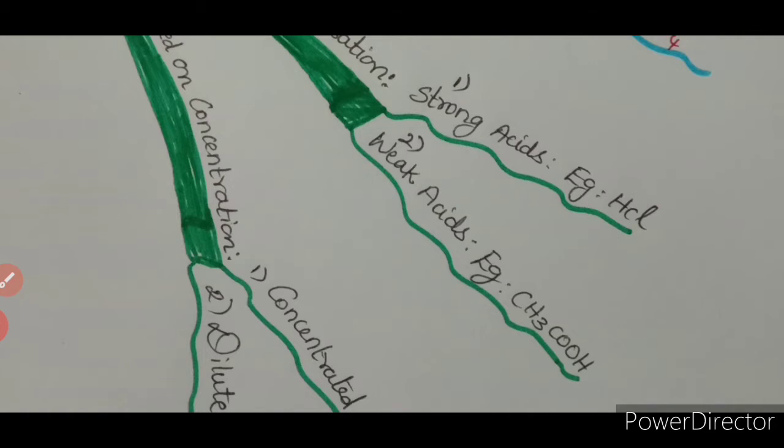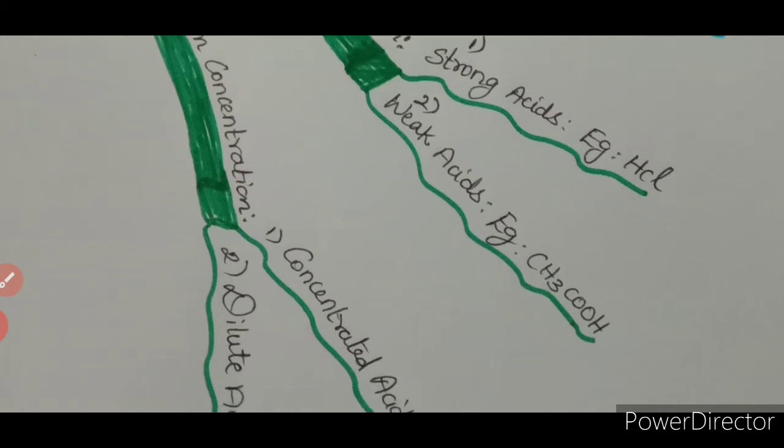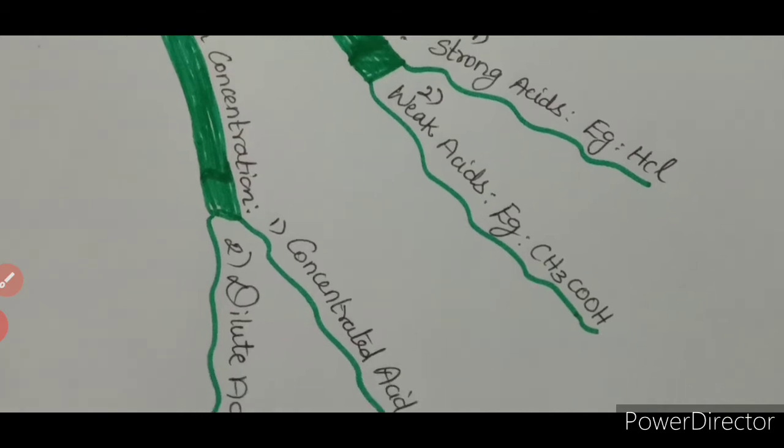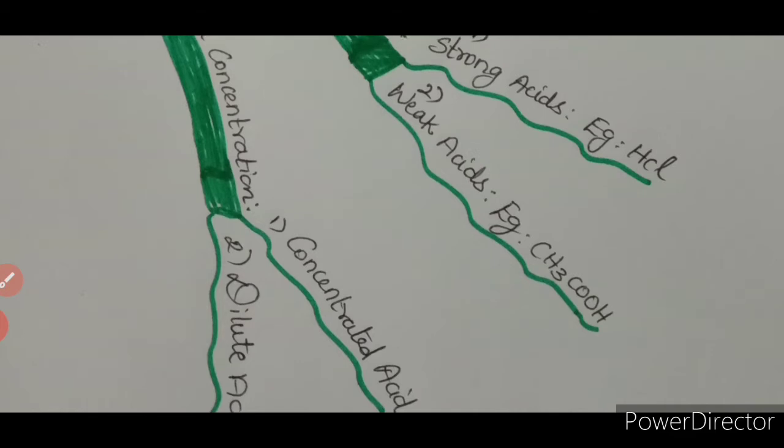Such acids are called strong acids, and an example is HCl, hydrochloric acid. And weak acid means the solvent level will be more than the acid. That is, the acid gets diluted by a larger amount of water. That is why it is called a weak acid, and the example is CH3COOH, acetic acid.